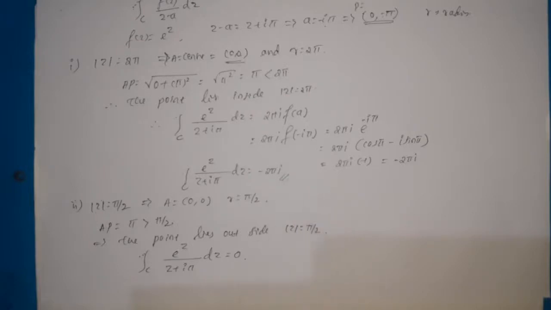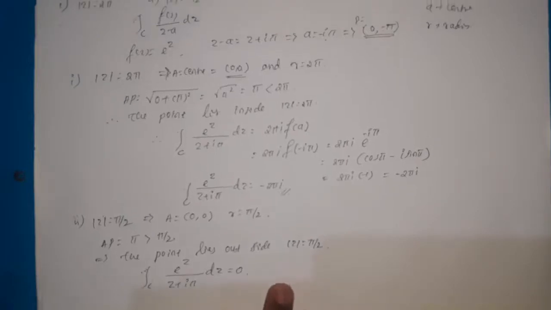But here since the point lies outside the given circle, so by using that note you can directly evaluate its value as 0. So there is no need to evaluate whenever the point lies outside the circle.